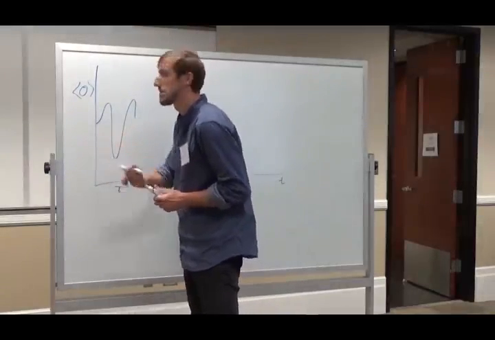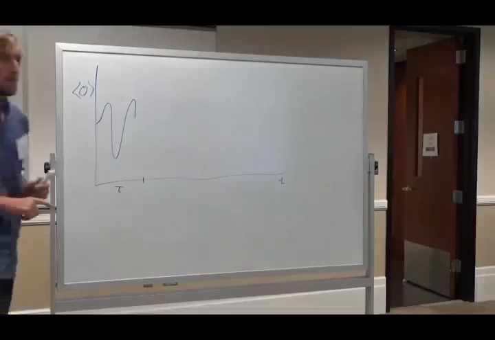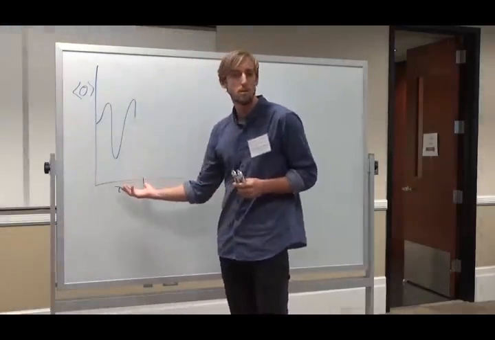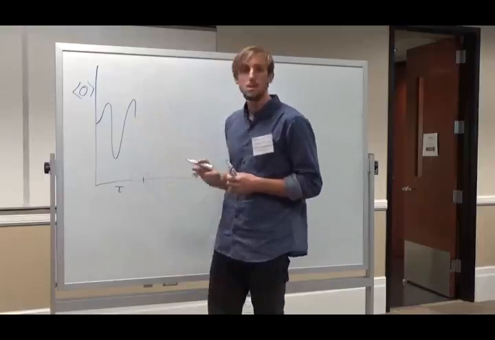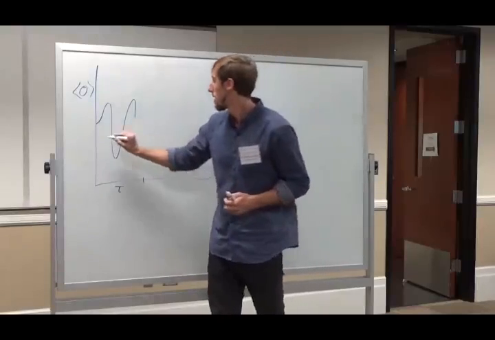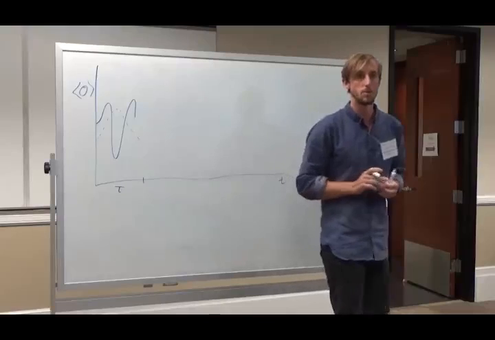So what I mean by this is, let's say this source that I'm turning on is a Gaussian with a width tau. Then I know that my response, generically, will have some regime that roughly matches this time scale.